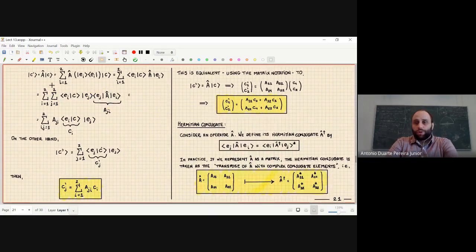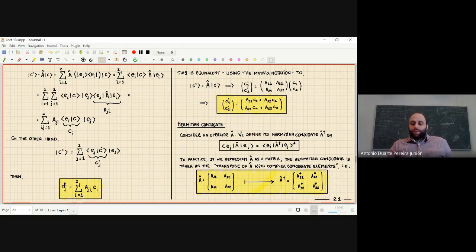And then I showed you that if you define a cat which is the action of an operator on another cat, and you expand these two sides of this equation in the same basis, then you can compute the coefficients of the new vector C prime in terms of the old vector C and the elements of the matrix, and this is the relation.